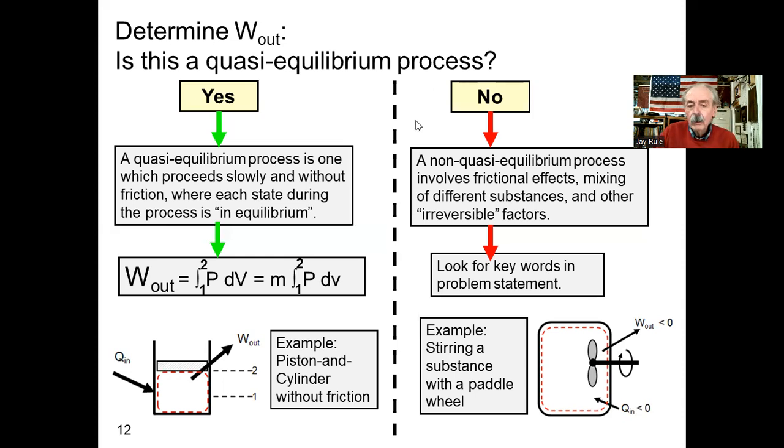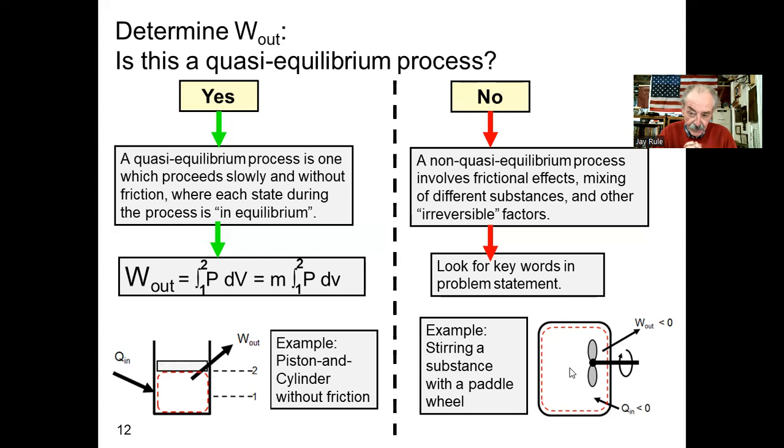Okay, what happens if your process is not a quasi-equilibrium process? A classic homework problem that I think every section has had is the infamous rigid vessel where there's a propeller or paddle wheel spinning around inside the vessel, and due to friction between the paddle wheel and the gas or liquid in the vessel, it's doing work on the material.